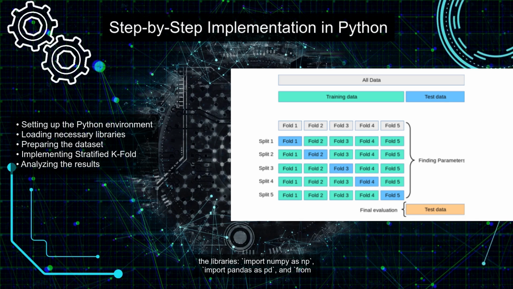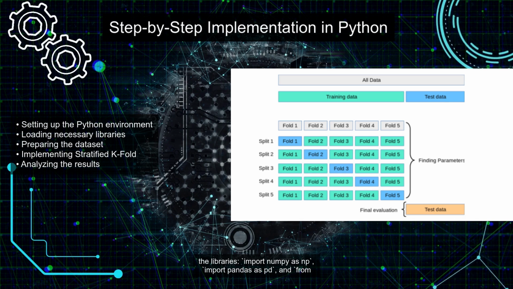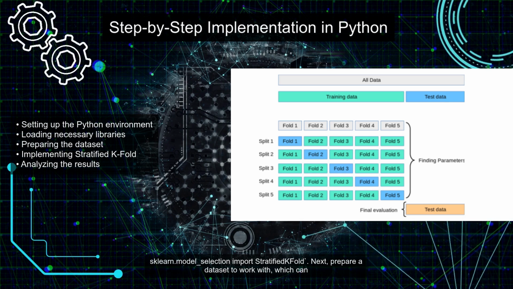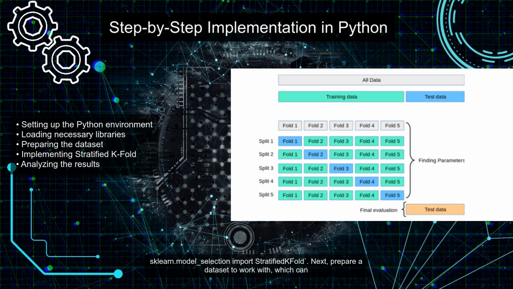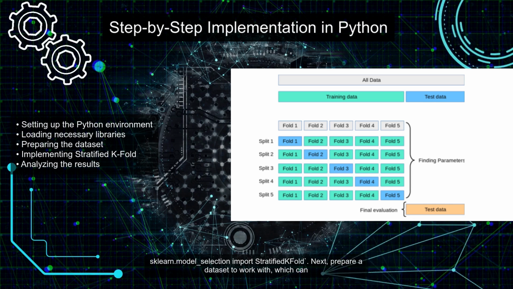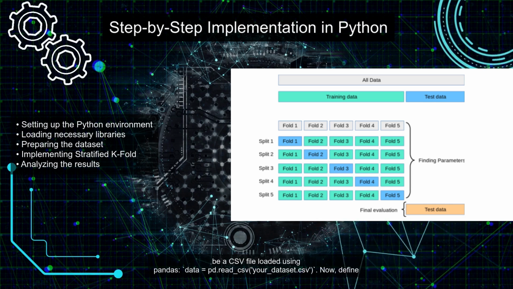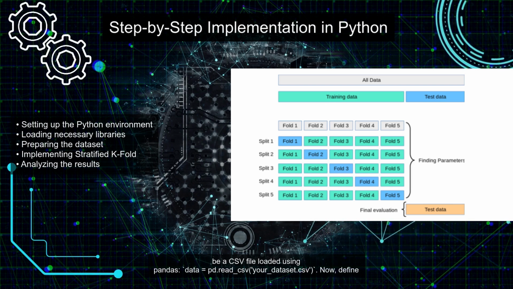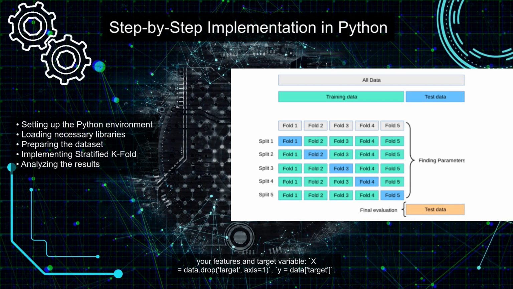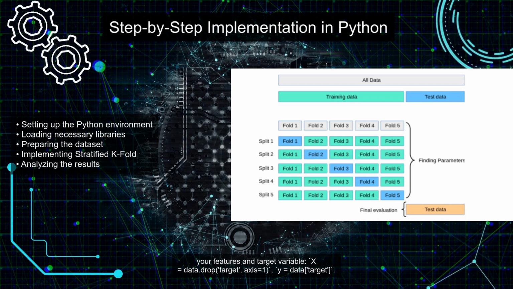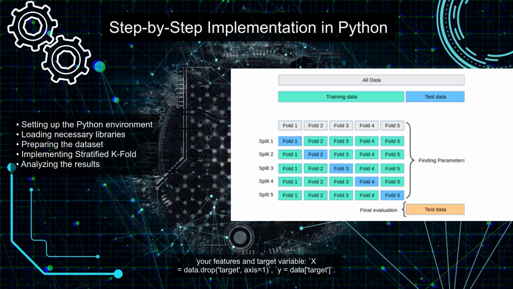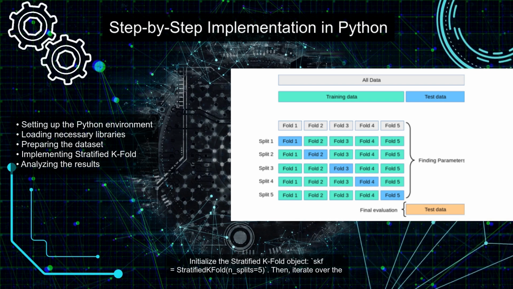Next, prepare a dataset to work with, which can be a CSV file loaded using Pandas: data = pd.read_csv('dataset.csv'). Now, define your features and target variable: X = data.drop('target', axis=1), y = data['target']. Initialize the stratified K-fold object: skf = StratifiedKFold(n_splits=5).